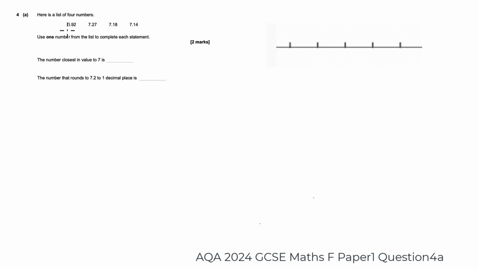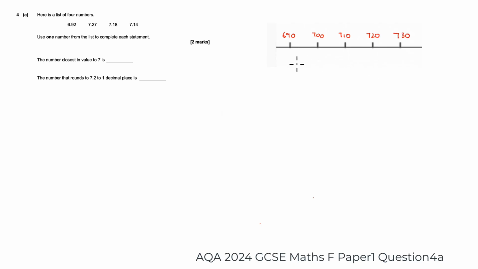So on the number line, let's put in 690, 700, 710, 720 and 730.